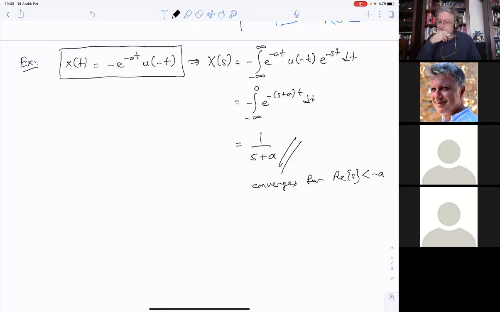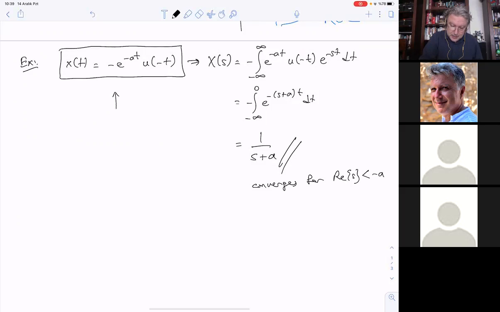This time, the real part of a plus s must be less than 0. It must be an increasing exponential as t increases, but since t is between minus infinity and 0, it decreases towards the left-hand side. So we're looking for an increasing exponential for a converging integral. So the real part of s is less than minus a.